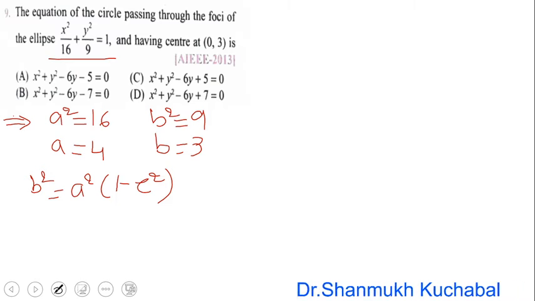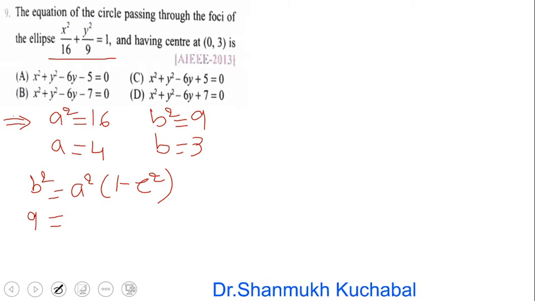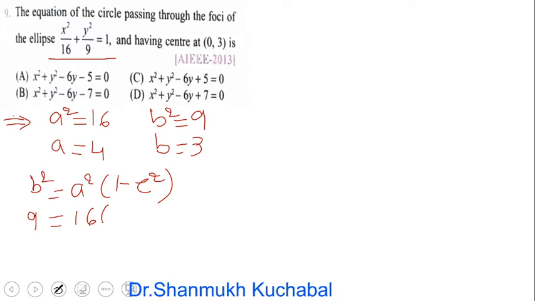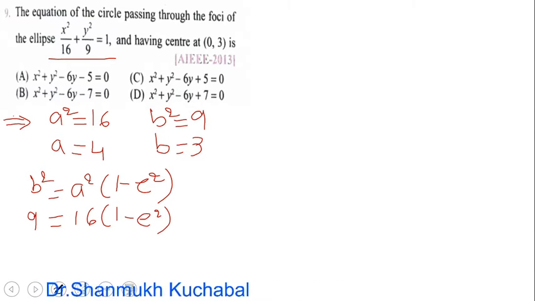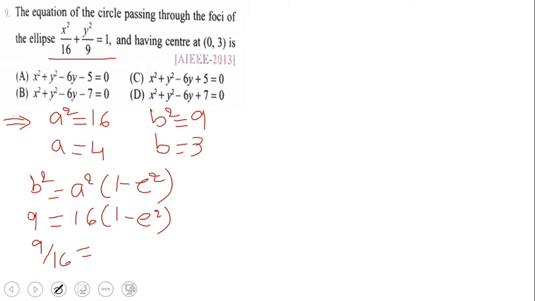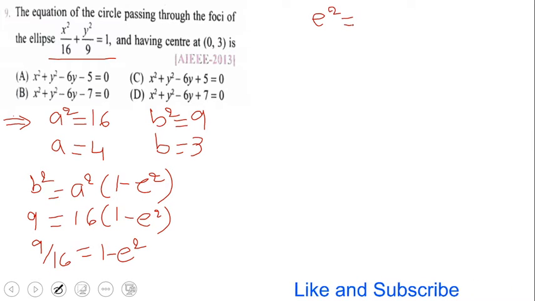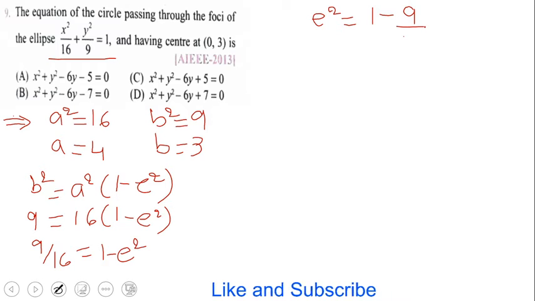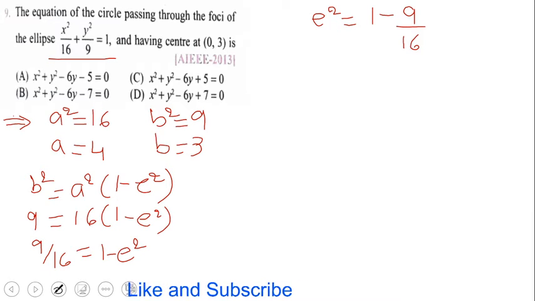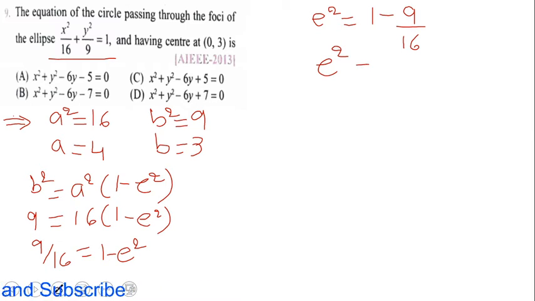So b is 3, 3 square is 9, a is 4, 4 square is 16, 1 minus e square. Then further write the solution for e square. So 9 by 16 equals 1 minus e square. So further, e square is 1 minus 9 by 16. Further we'll simplify this one. Take the LCM, we get e square equal to 7 by 16.